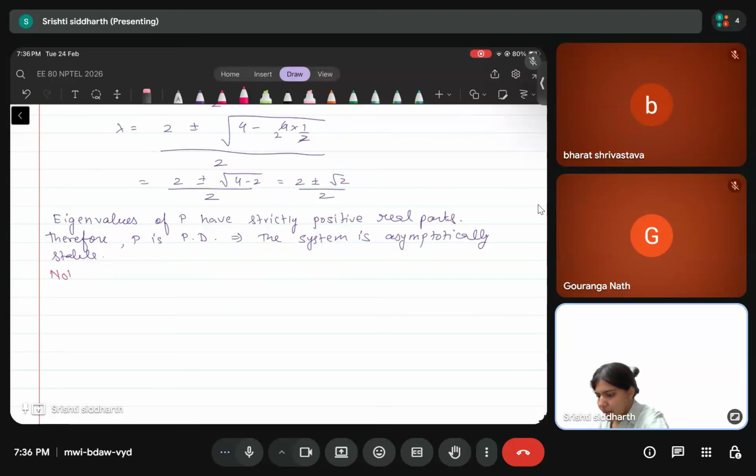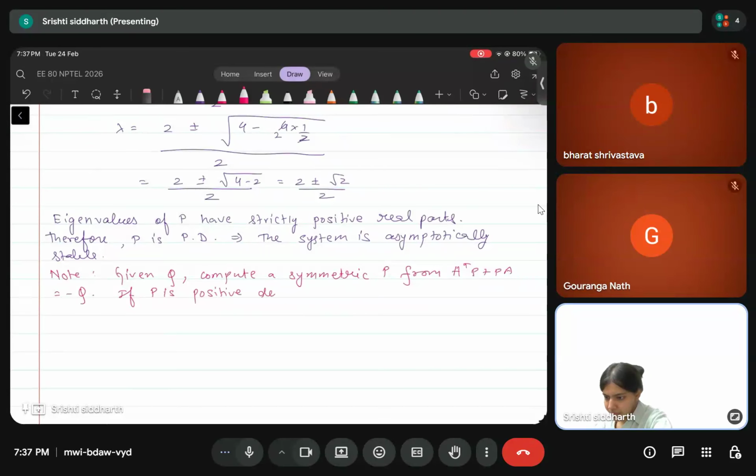So note that, given Q, that is, you have to choose Q which is symmetric and positive definite. Compute a symmetric matrix P from the Lyapunov equation, A transpose P plus PA equals minus Q. If P is positive definite, the system is asymptotically stable.